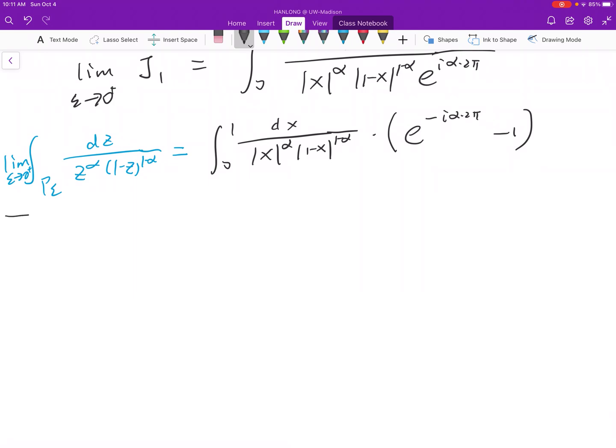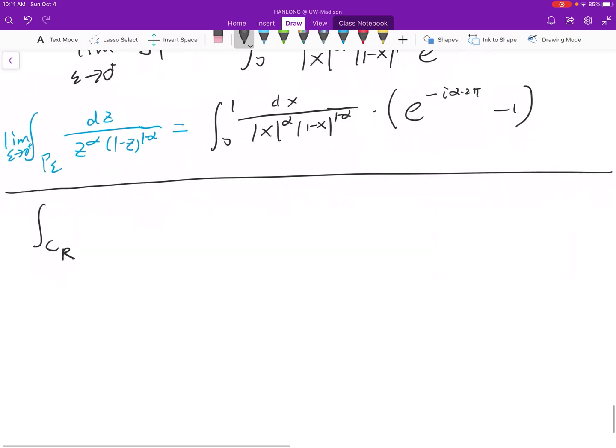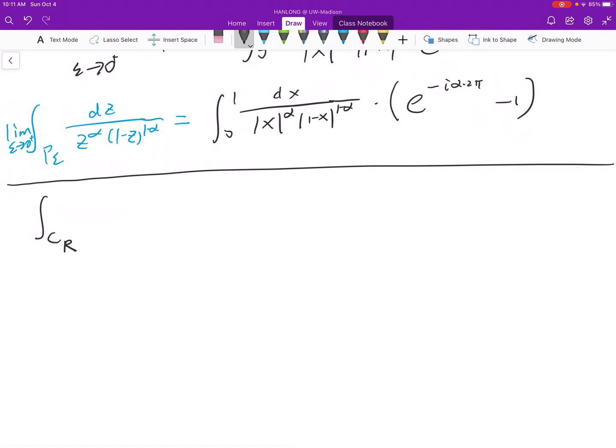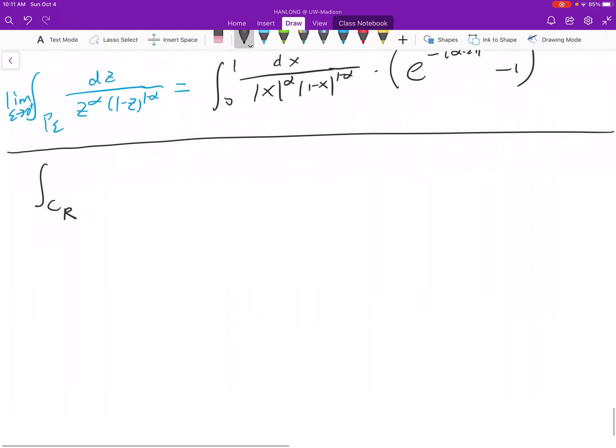Okay, next, let's look at the right-hand side, the circular part. So a small remark is the circular part is no more 0. It contributes some positive number.